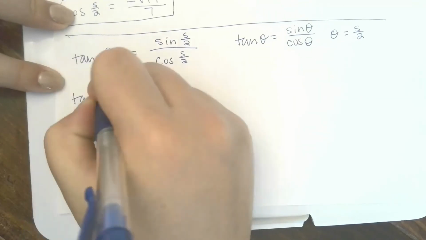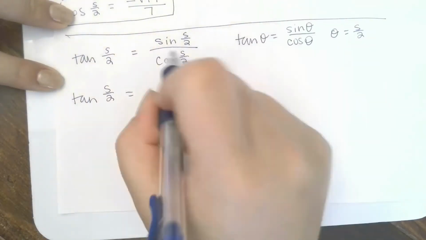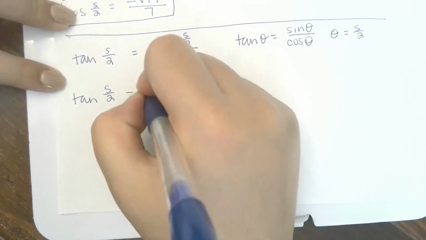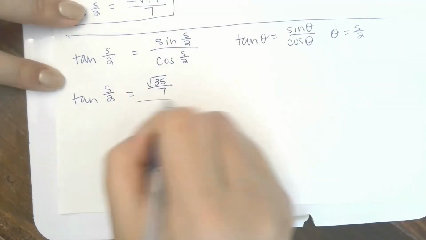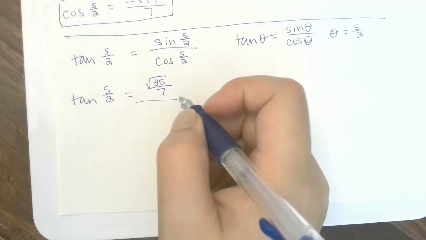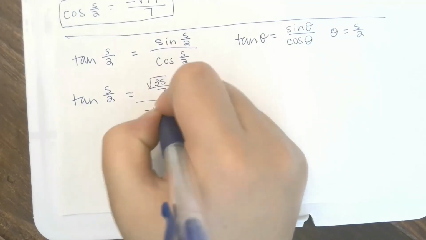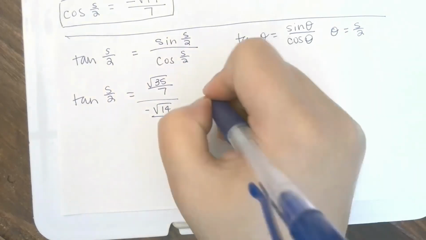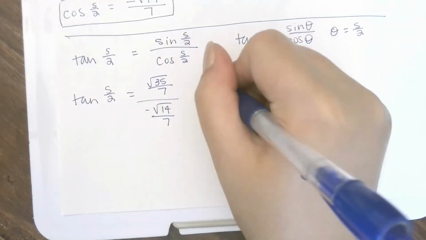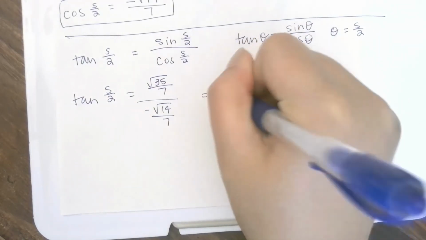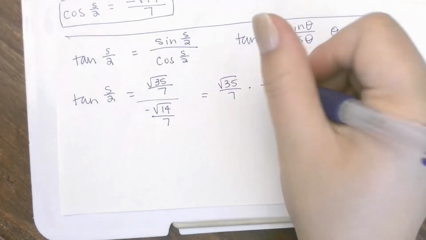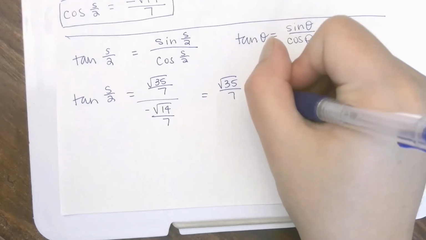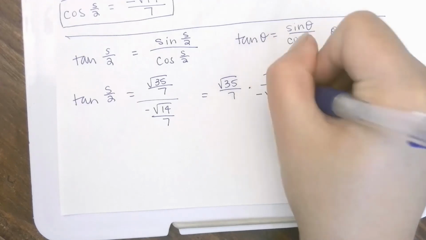So tangent of s over 2 is equal to sine of s over 2, which we saw previously as square root of 35 over 7, and cosine of s over 2 is the negative square root of 14 over 7. If I rewrite this as a multiplication times the reciprocal, I have square root of 35 over 7 times 7 over the negative square root of 14.